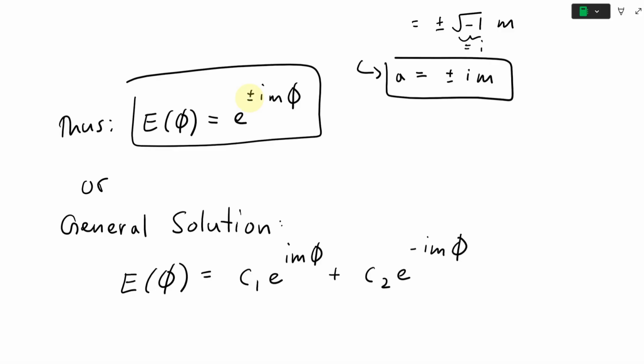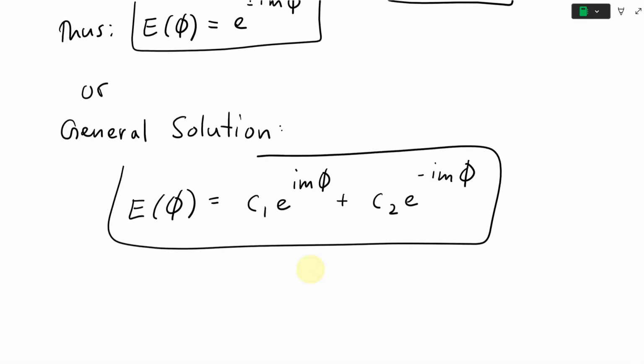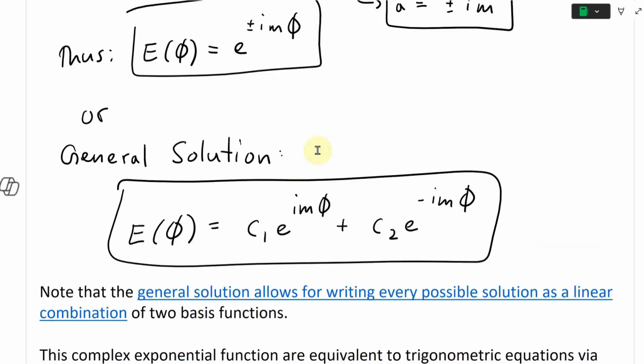So basically you take a linear combination of the two solutions. And then let me just box this in. So fascinating stuff. All right, so now we have that.